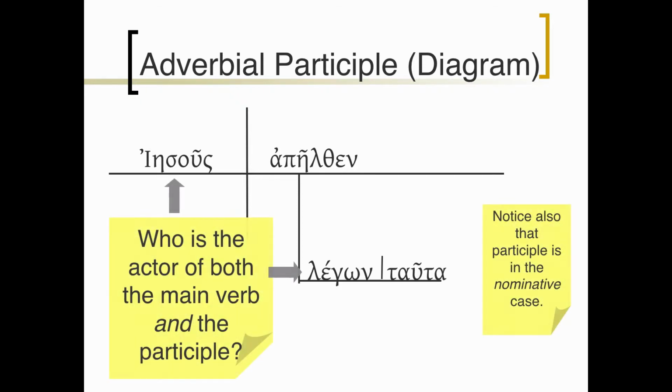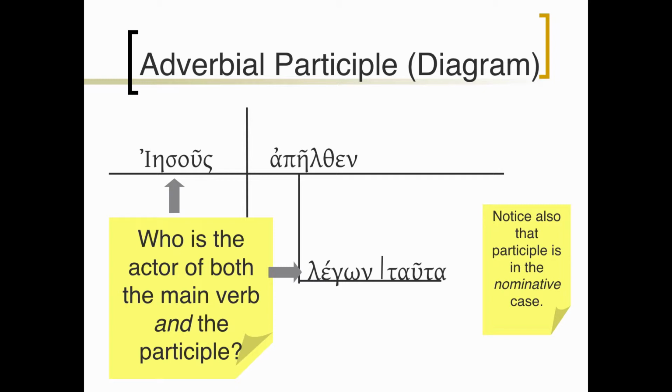Note here that the actor, Jesus, is doing both the action of the main verb and the action of the participle. Jesus is both departing and saying. Also note that the participle is in the nominative case, because Jesus is nominative, the subject of the sentence.